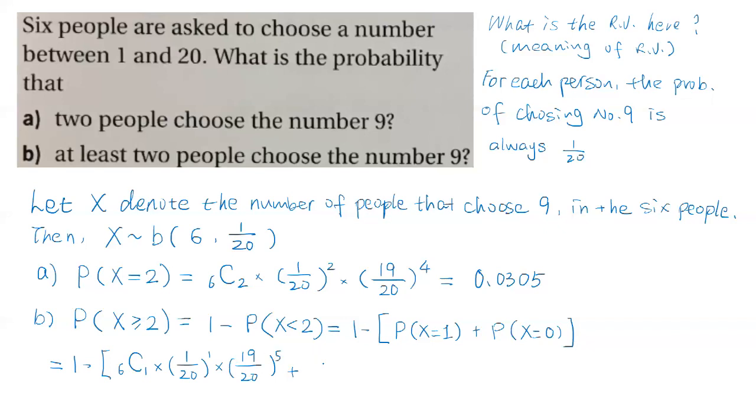And the probability of X being 0 is C(6,0) times (1/20) to the 0 times (19/20) to the 6th.